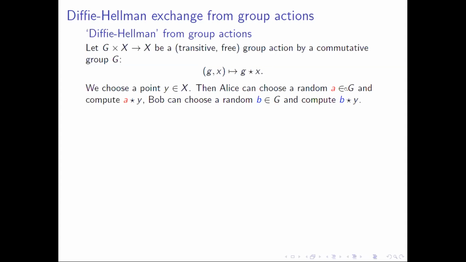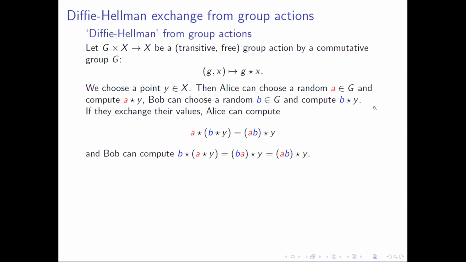Then Alice can choose a random element in the group, and she can act by the element on the chosen point. Bob can do the same. Now they can swap their values, so they send the resulting points, and each of them can then act with their element on whatever the other had.